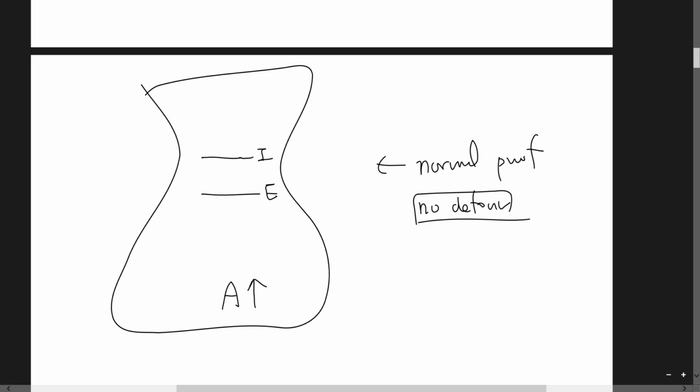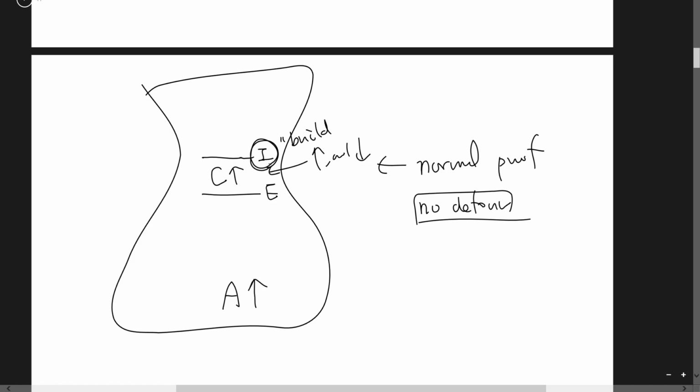Now the question remains, if you have, say, C here, which of up arrow and down arrow should we use for this C? If you analyze this introduction rule, this one should be up arrow, because the introduction rule means that we are currently building. We want to build a new proof of C. But according to this elimination rule, we want to exploit. So for this elimination rule, this C must be annotated with down arrow.